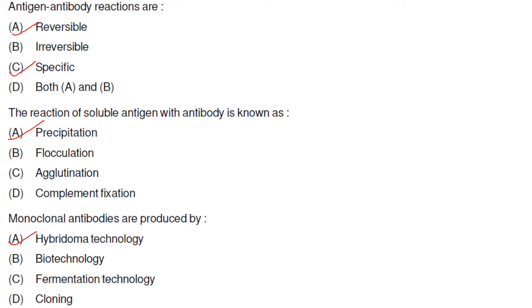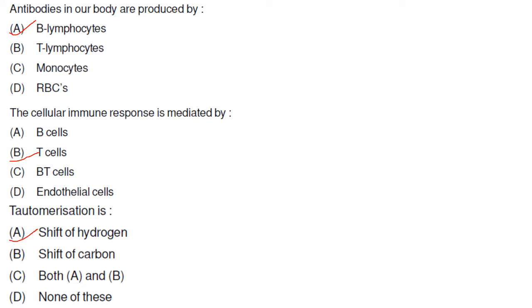Then monoclonal antibodies are produced by, direct question, very easy, hybridoma technology. Answer is option A. Then antibodies in our body are produced by B lymphocytes. T lymphocytes produce T cells.